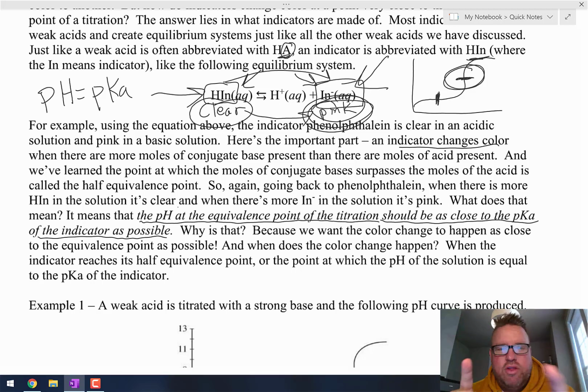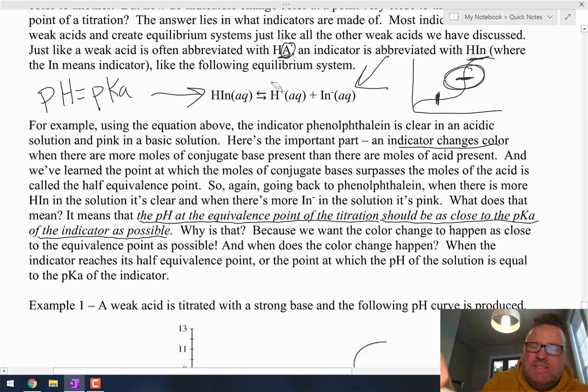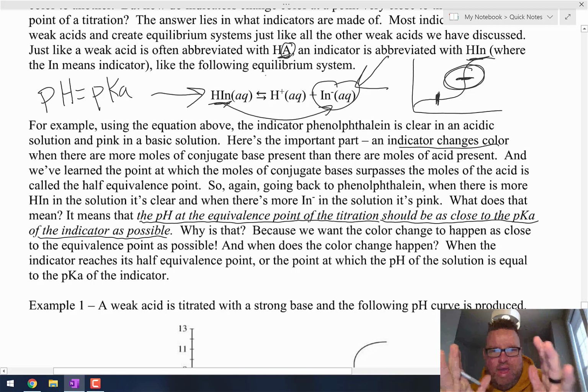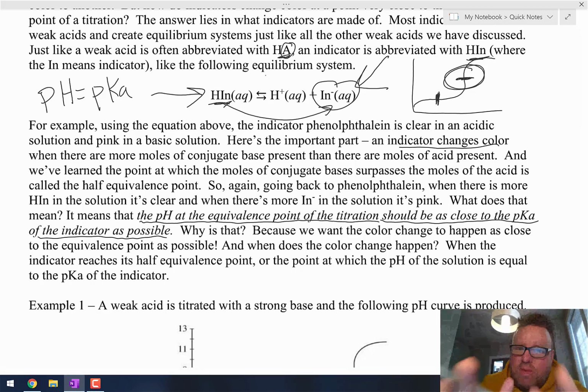We want the color change to happen when the indicator is at its half equivalence point, when there's more of the conjugate base than there is the acid. The half equivalence point of the indicator, we want that to be as close to the actual equivalence point of the titration.